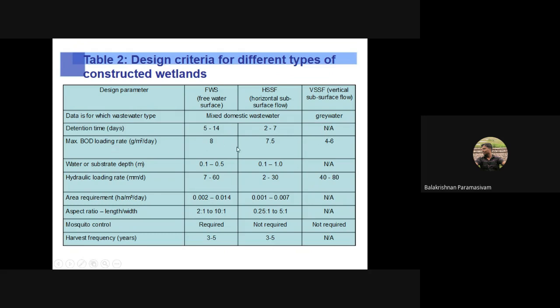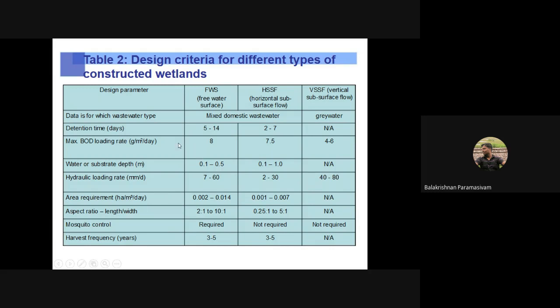BOD loading rate, we can go up to 8 grams per square meter per day here, because we are providing high area. In this case, horizontal subsurface flow 7.5 and vertical subsurface flow 4 to 6. So water or substrate depth, water depth, we can go up to 0.1 to 0.5.